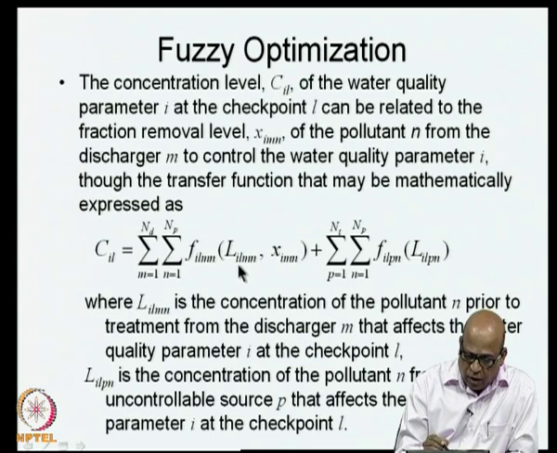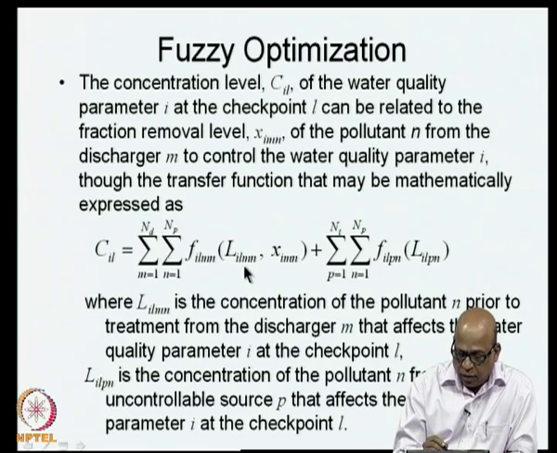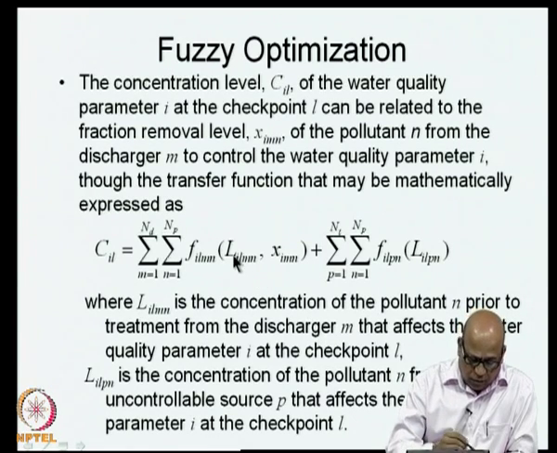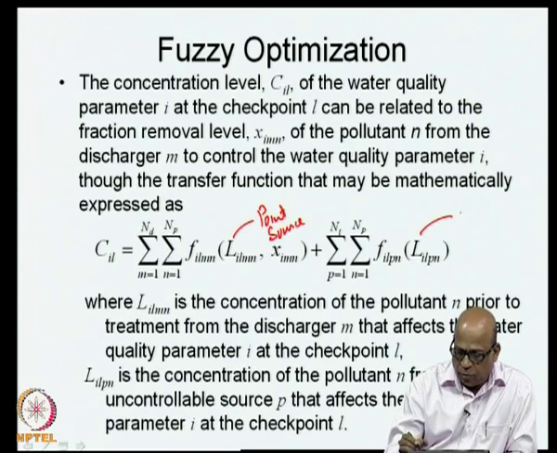This is LILMN. Look at the definition. LILMN is the concentration of the pollutant N prior to treatment from the discharger M. This is the controllable source. So, this is the point source. And this is the non-point source.